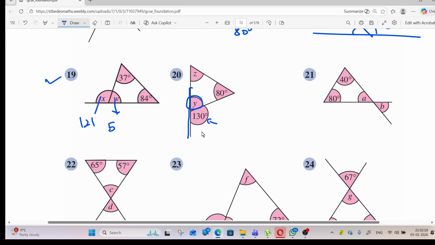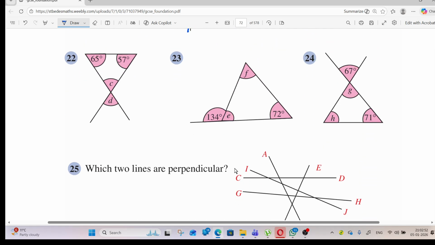Angle y is going to be... 50. Very good, 50. So if angle y is 50, you can find z, because these three add up to 180. It's also 50. Very good, that's also 50. Absolutely correct.